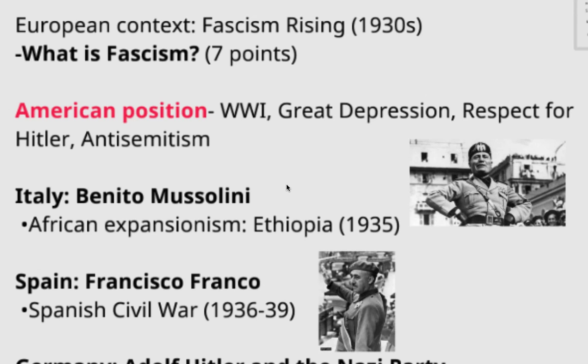Because again, anti-Semitism was socially acceptable. In fact, let me put it to you this way. If you weren't anti-Semitic, people thought that was kind of odd. They thought that was weird. There's plenty of people in history during this time who were believers in eugenics, like racial hierarchy theories, because they believed it was science.